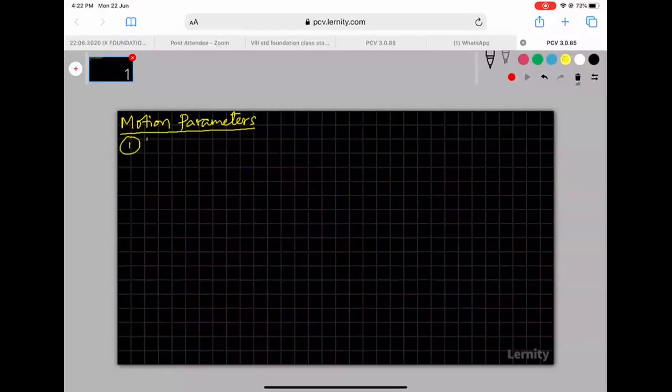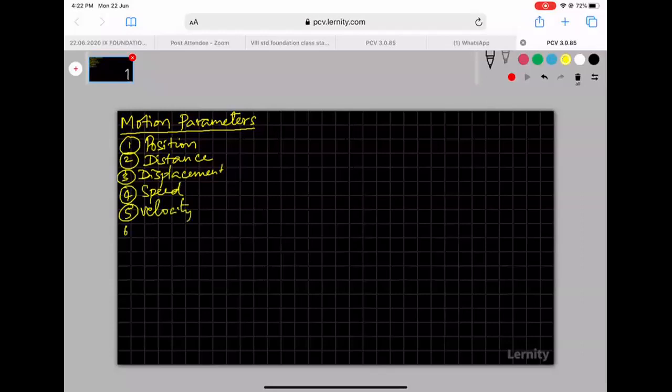Anyway, we had already dealt with position, distance, displacement, speed, velocity, and the last significant motion parameter that we study is acceleration.